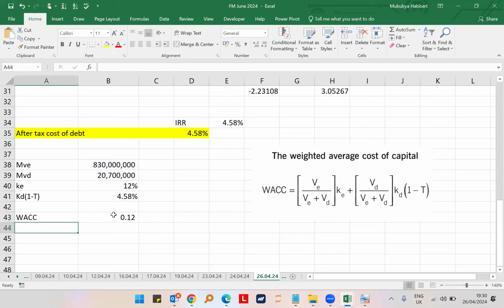Which gives us 12% as the weighted average cost of capital.